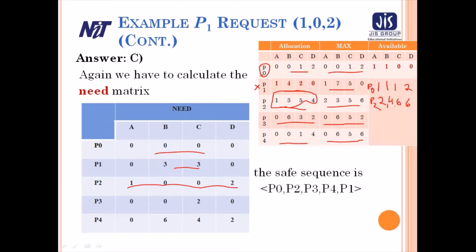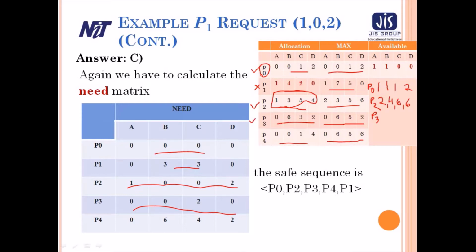So A type available is 2, B type 4, C type instance 6 and D type instance also 6. That is our current available. Now P3's need is 0020, so we can easily give our resources to P3. P3 finishes. So we give the resources to P0, then P2, then P3.